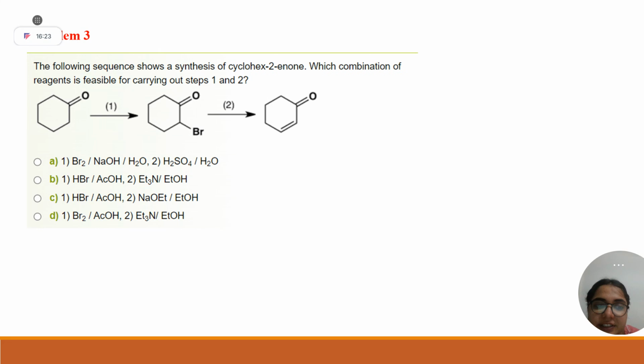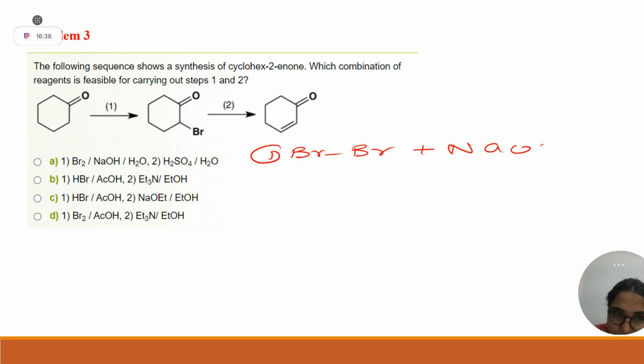What will happen in step 1? Ma'am, there is a requirement of a base, so that means enolate will form. Okay. But it is written that first you are taking Br2 and NaOH, and after that workup. What will be the fate of this reaction first? Br2 plus NaOH.